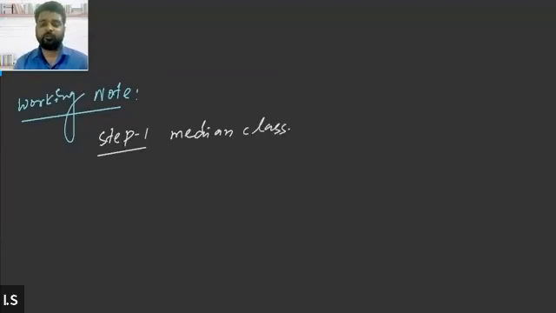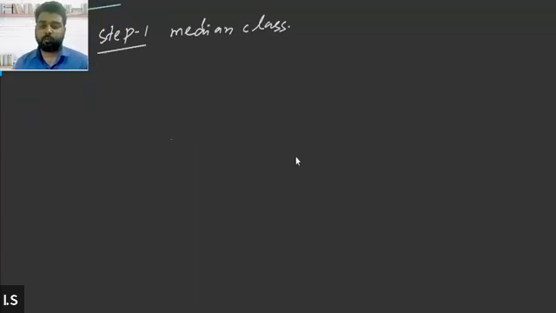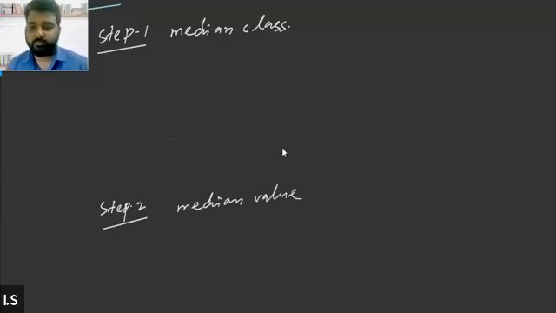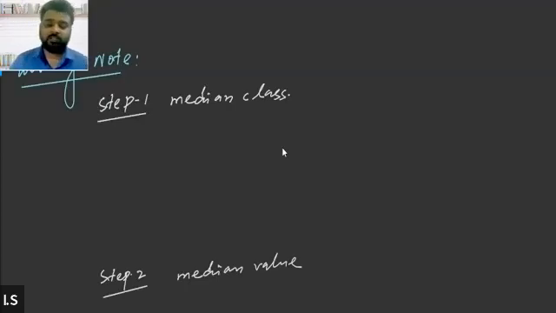And after finding out the median class, we apply the formula for calculating median. So by applying step 2, we will be able to calculate the median value. Earlier, in case of individual and discrete series, we were not required to follow two steps. We were able to calculate the median by simply applying the median formula once.